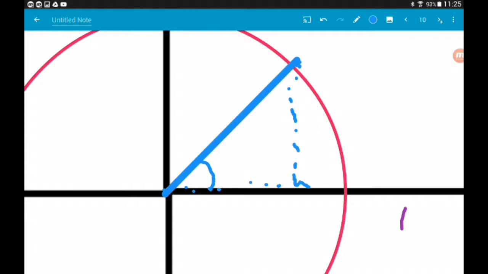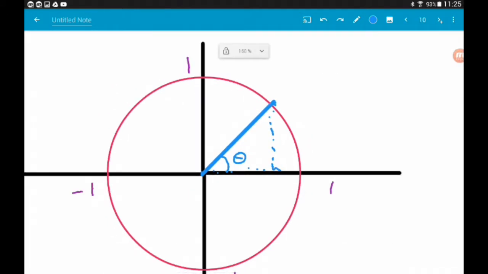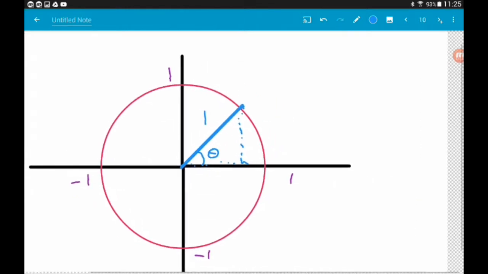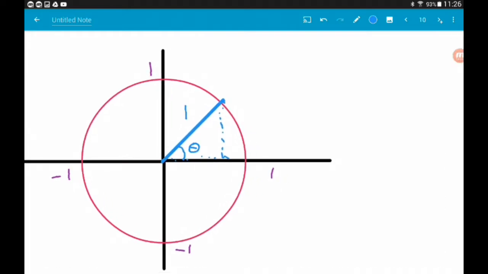Now, we call this angle here, it's always measured between the horizontal and our radius, anti-clockwise. So we're going to call this angle theta. Now, this is a unit circle, so we know that the radius is 1. So the hypotenuse of this right angle triangle is 1. We are interested in sine of theta.